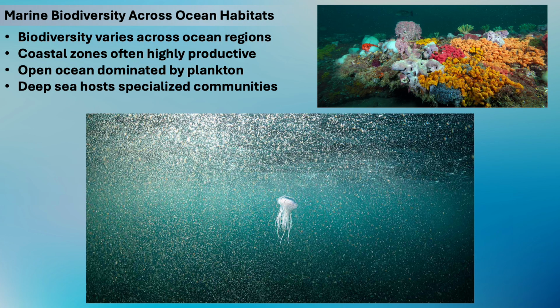Marine biodiversity is not distributed evenly across the ocean. Different regions support different types of organisms depending on environmental conditions such as light availability, nutrient concentrations, temperature, and habitat structure. Coastal environments are often among the most productive regions of the ocean.